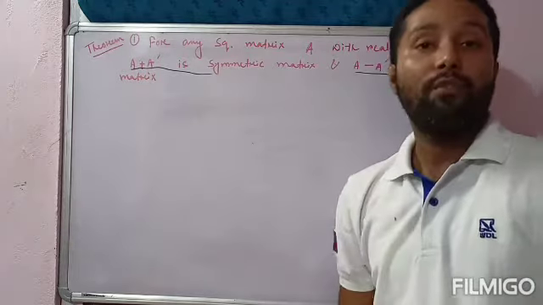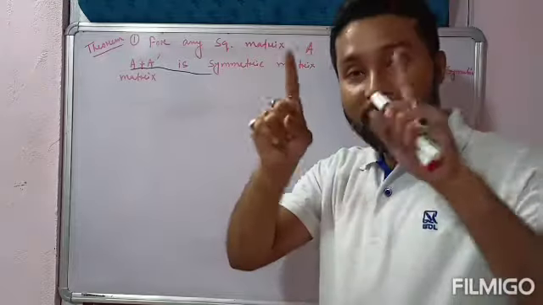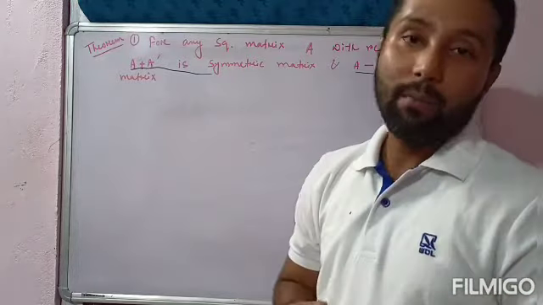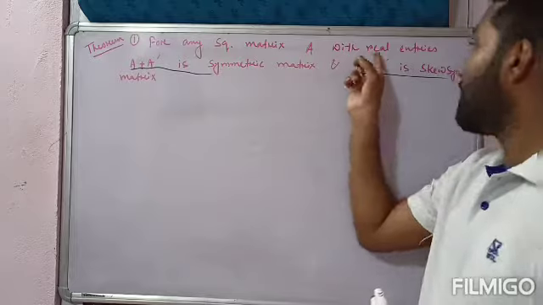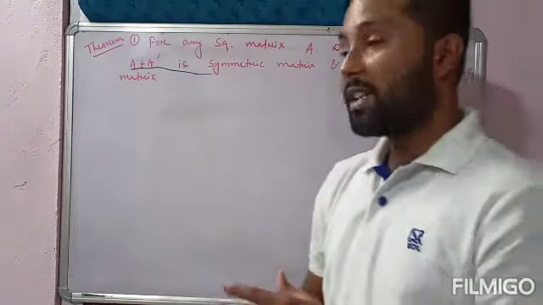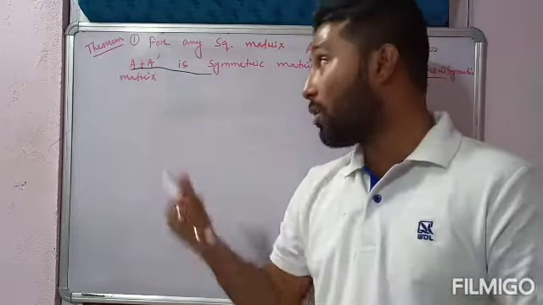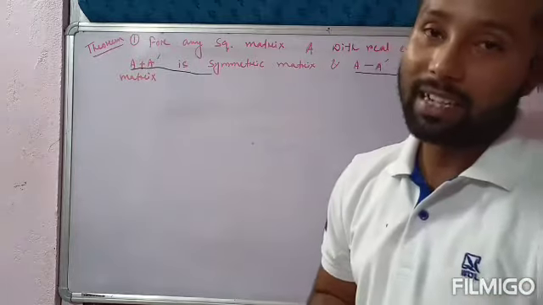This theorem will be applicable if the matrix contains only real numbers, real entries. That's why I have mentioned here real entries. Of course, in the matrix definition I have given that we can enter real numbers, complex numbers, but according to this theorem we can enter only the real numbers, right?